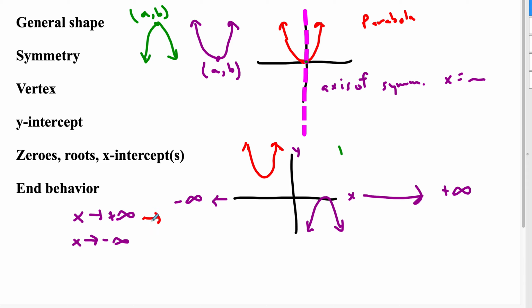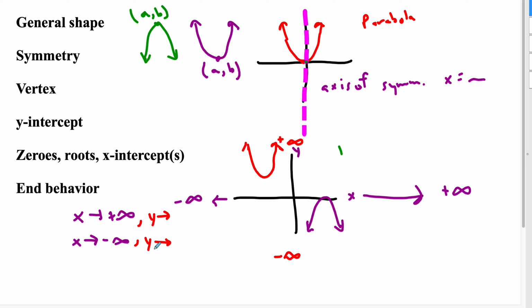That is, what are the y values doing? As x tends towards positive infinity, y tends towards where? We'll show you how to combine these in a single statement if you'd like. But in this case, as x tends towards positive infinity, y is tending towards negative infinity, this direction. So that's negative infinity in the y direction, positive infinity would be this way.